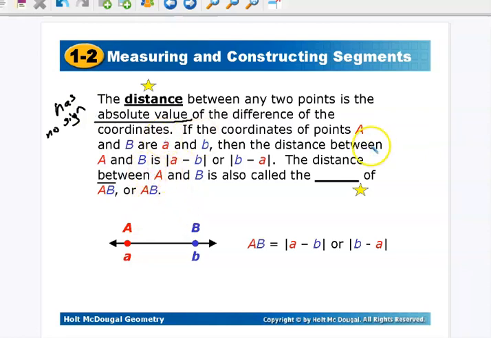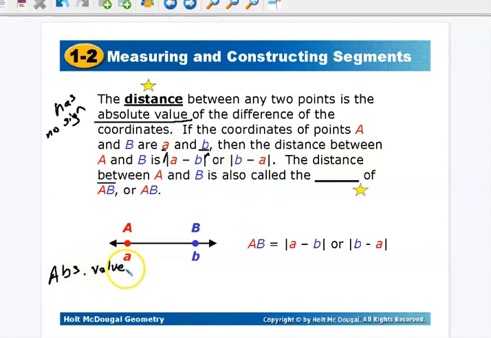If the coordinates of points A and B are renamed as values a and b, those are algebraic variables, then the distance between those 2 points is |a − b|, and these bars are called absolute value bars, if you remember that from your algebra class. And you can write it in either direction, a minus b or b minus a, because the absolute value is measuring distance from 0.